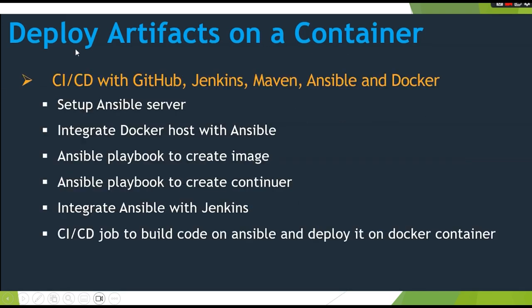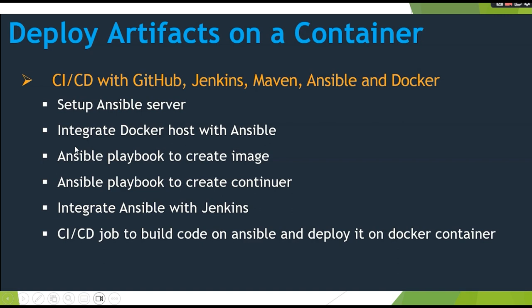So next is deployment of the artifact on a container. In this phase, we are going to integrate Ansible. So we are going to install Ansible on an Ansible server, and we are going to configure that Ansible server. The first process is GitHub, Jenkins, Maven build phase, and the configuration management tool, and we are going to deploy it in Docker.